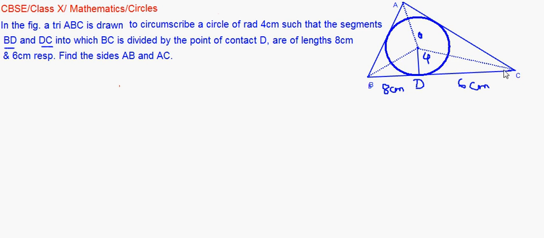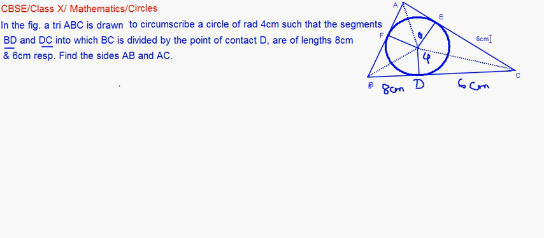I will also be dropping a perpendicular here, that is OE we can name, and here the tangent to the radius. Let me just name them as E, this being F. So this will also be 6 centimeter.